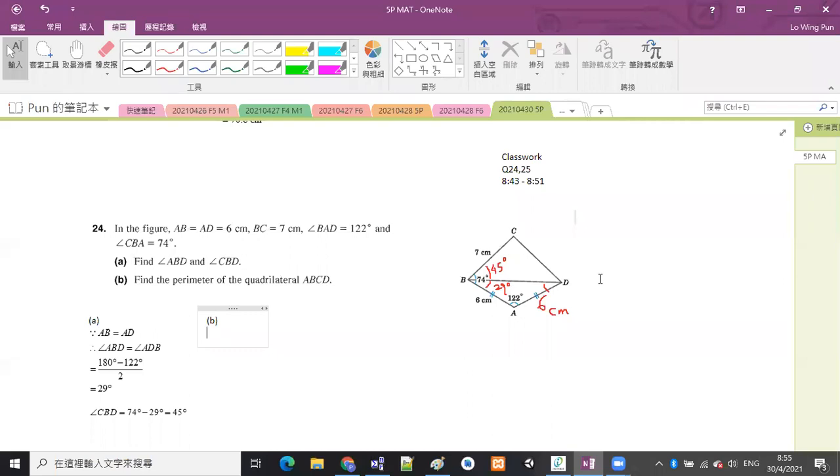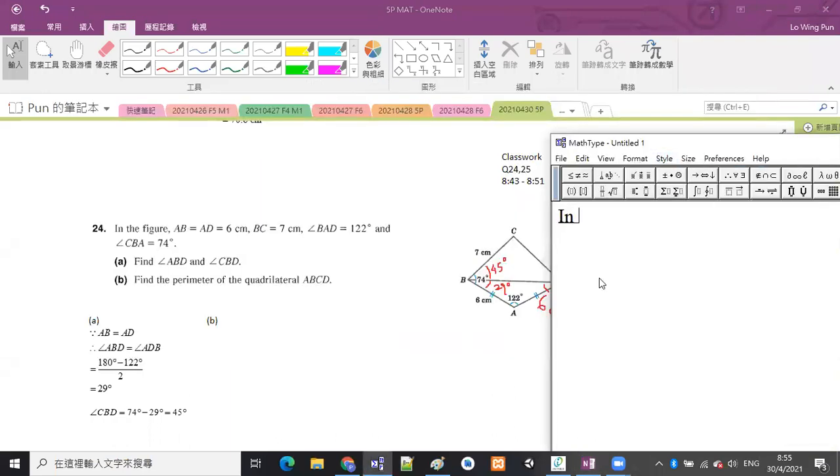So in triangle ABD, I want to find a length, so I use the length squared. It's equal to a squared plus b squared minus 2ab cosine 122 degrees. Okay, and then BD is equal to, using the calculator, 6 squared plus 6 squared minus 2 times 6 times 6 times cosine 122, and then take the square root.